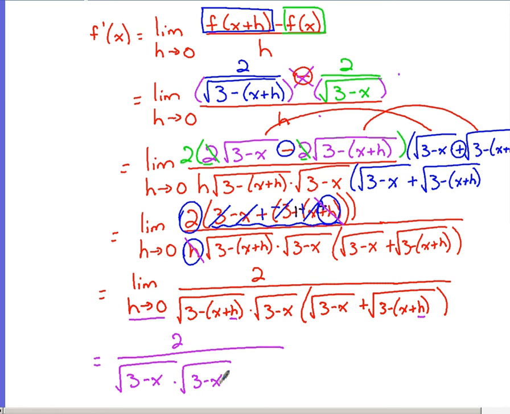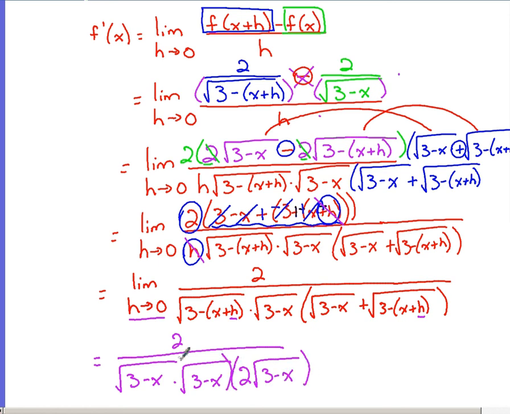And over here, you've got the square root of 3 minus x plus, this h is going to 0. That's the square root of 3 minus x. So we're adding the square root of 3 minus x and the square root of 3 minus x, meaning we've got 2 square roots of 3 minus x.